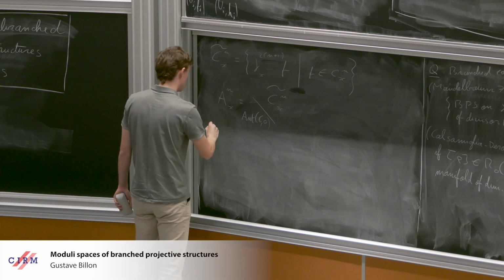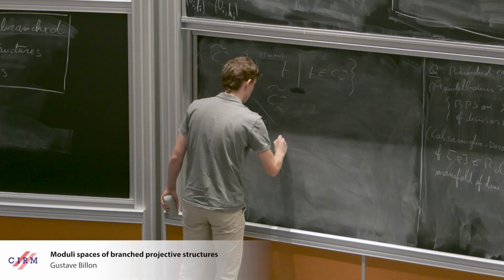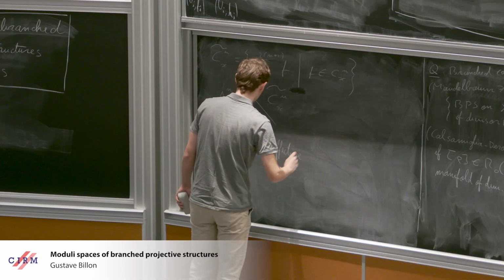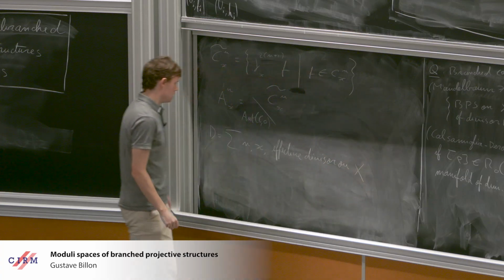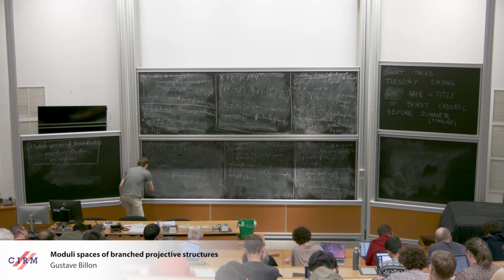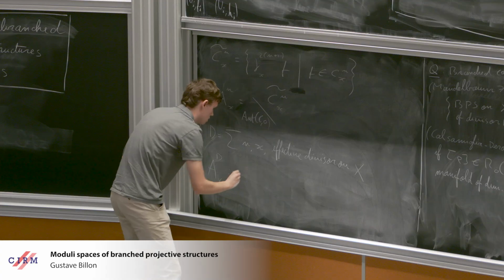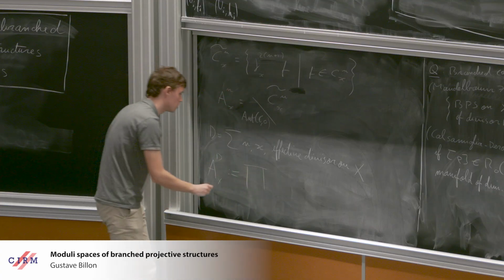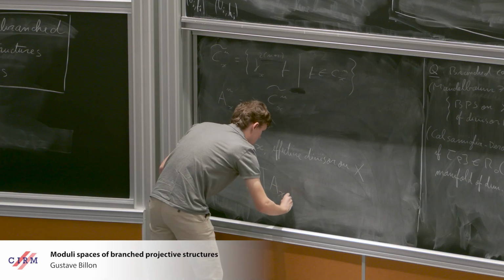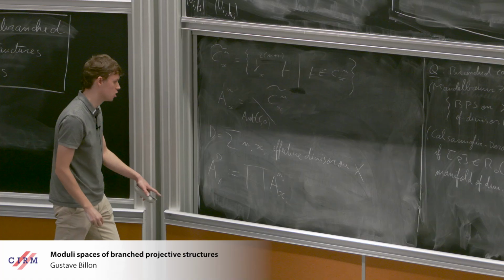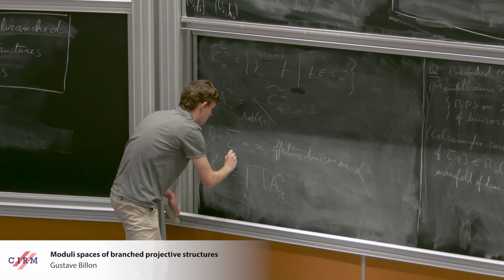So now if I take a divisor D, the sum of n_i x_i, an effective divisor on X. The branching classes on X of divisor D is the tuple where I take one branching class, one orbit at each point of the divisor, say i goes from 1 to r.